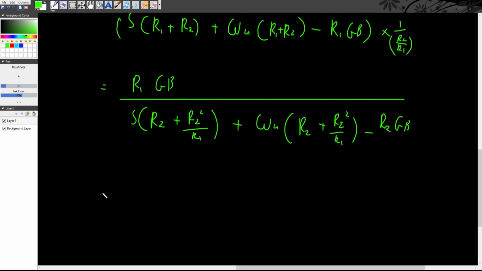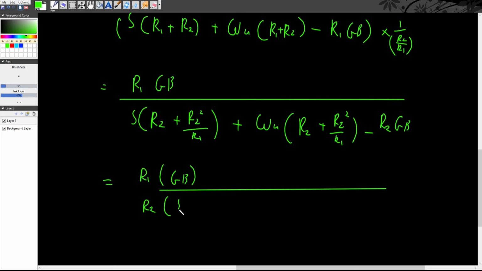And if we were to take out the common terms, R1 at the top would make this one GB, and R2 at the bottom would make this one S into 1 plus R2 by R1 plus omega A into 1 plus R2 by R1 minus GB.